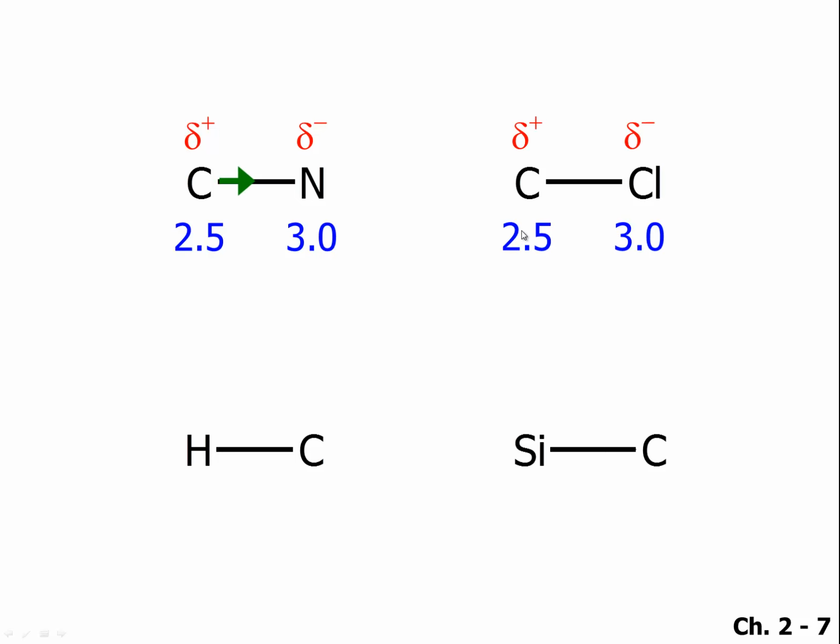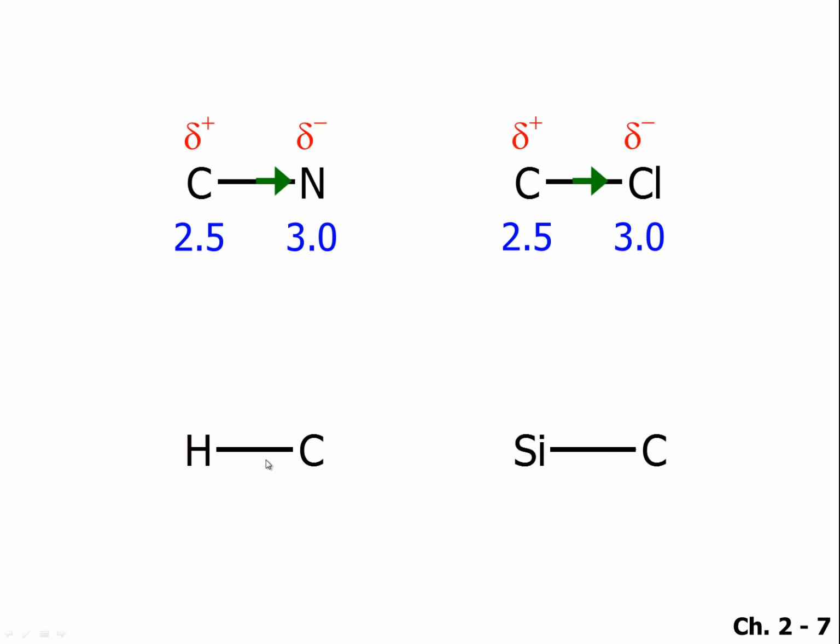Again, our carbon electronegativity is 2.5, and now we look up chlorine with an electronegativity of 3.0. Again, we've got a difference of 1.5 between our two electronegativities. This still puts our carbon as the less electronegative with the partial positive, and our more electronegative atom with the partial negative, and again, our electrons are going to be drawn towards the side with the greater electronegativity.